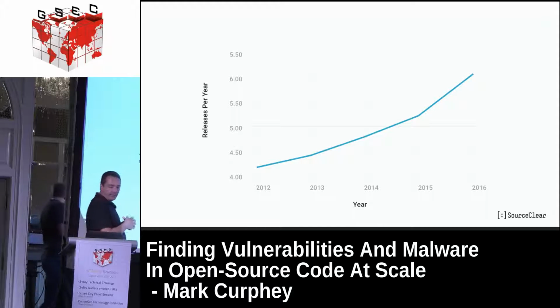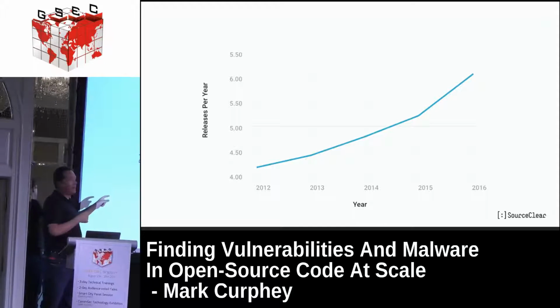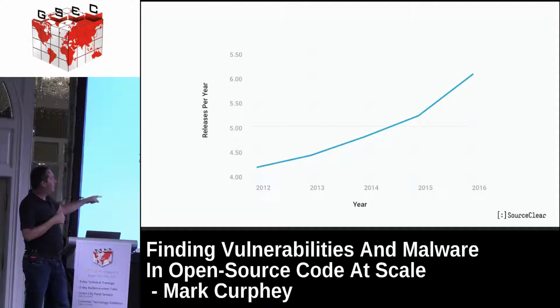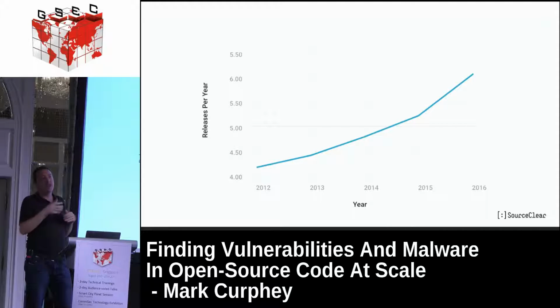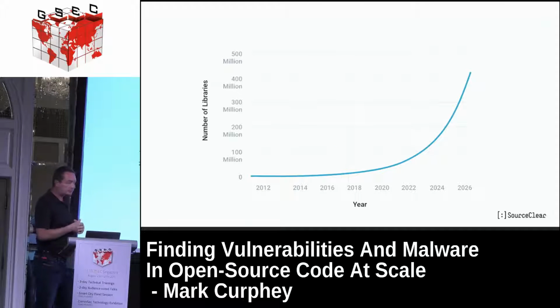The other trend that's happened is, if you wind back 5 years ago, the average library used to release just over 4 times a year. Today, the average library releases about 6 times a year. So we've seen this exponential growth in the number of libraries, and the frequency in which they release has increased significantly as well.